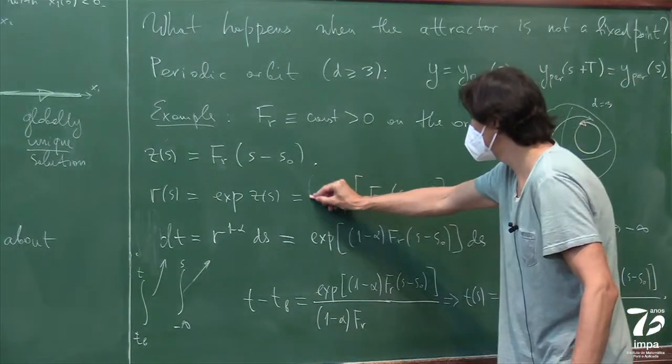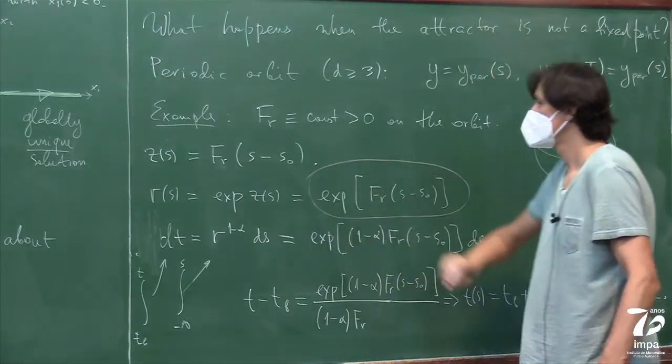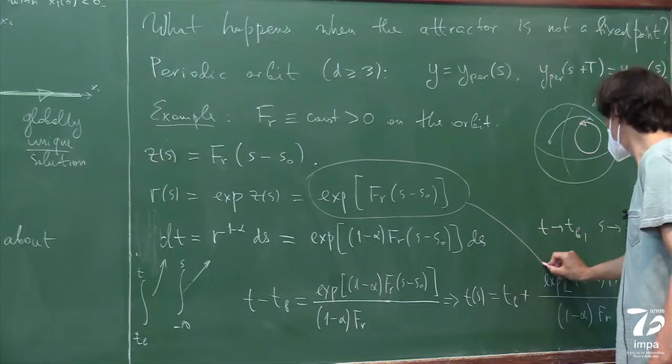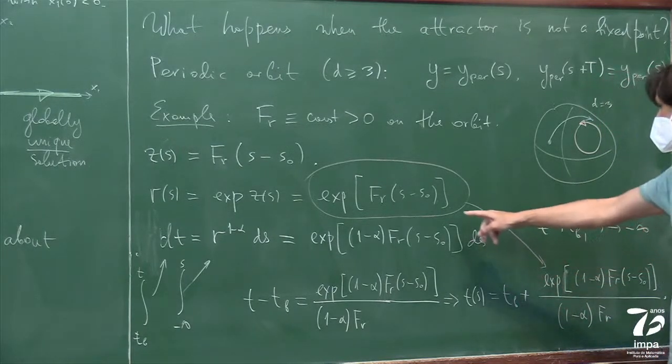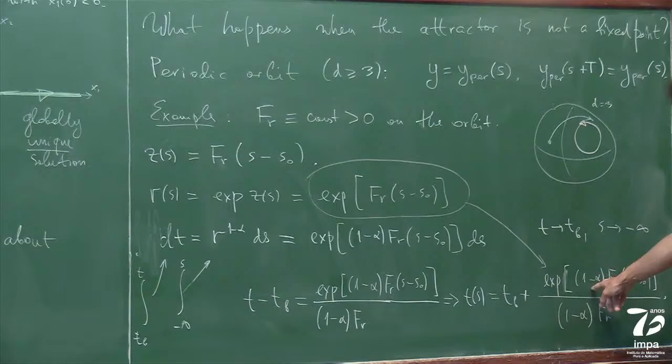But now you remember that this is r, and it enters here as r to the power 1 minus alpha.